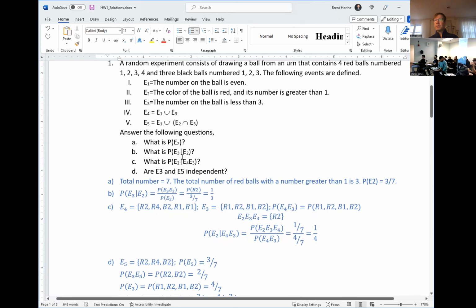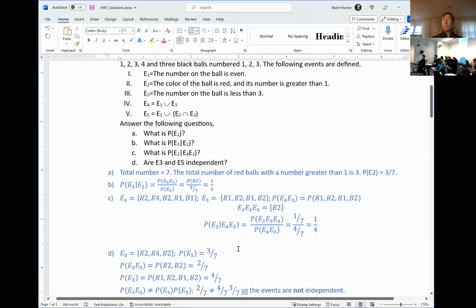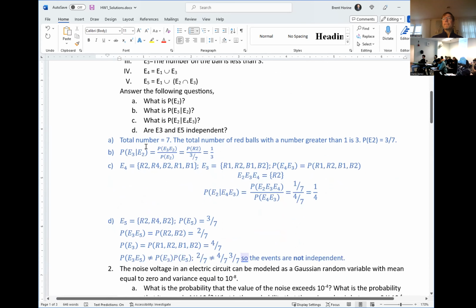So the probability of that conditional happening should then give us the probability of E2, given that E4 and E3 have occurred. So again, just total up the balls, and you end up with this top one being represented here. There's just one ball there, 1/7, but the probability of E4, E3 is 4 balls out of 7. So again, that's 1/4.